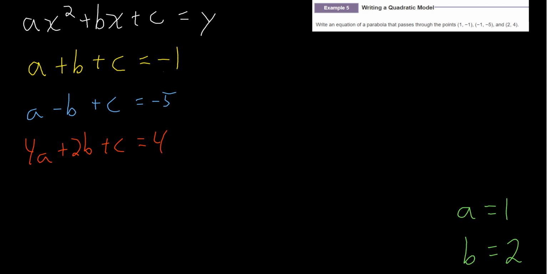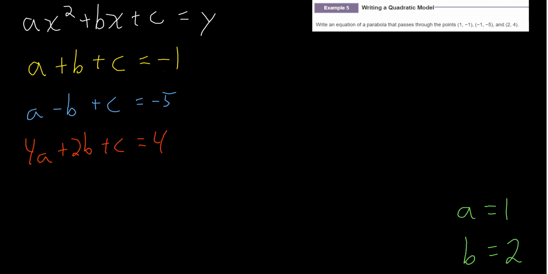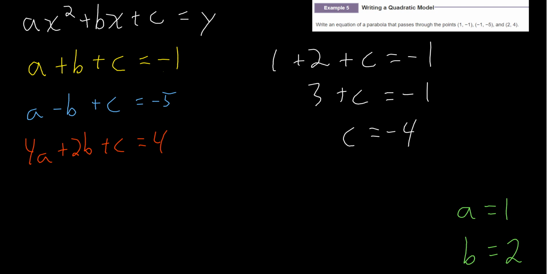So let's do that again. I knew that didn't sound right. We're going to plug my a and b values into that equation, and do it correctly this time. So we have 1 plus 2 plus c is equal to negative 1, so 3 plus c is equal to negative 1, and we subtract 3 from both sides, so we have c is equal to negative 4, and that sounds about right.